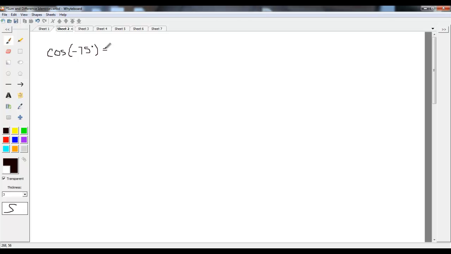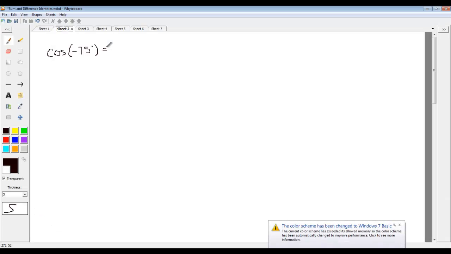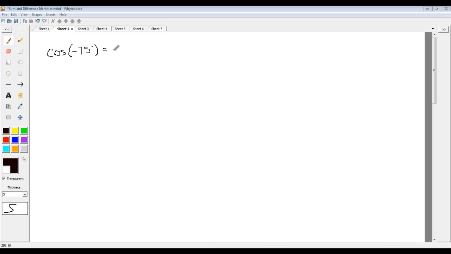And you're sitting there going, okay, negative 75, I know that's the clockwise direction. That's 15 degrees short of hitting the 90 degree mark. But that's not going to help me when I'm using my unit circle. Like, it's not a nice, pretty number. So, what can I do with this?